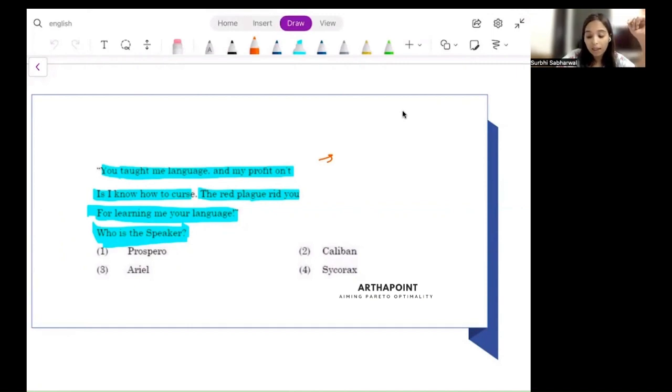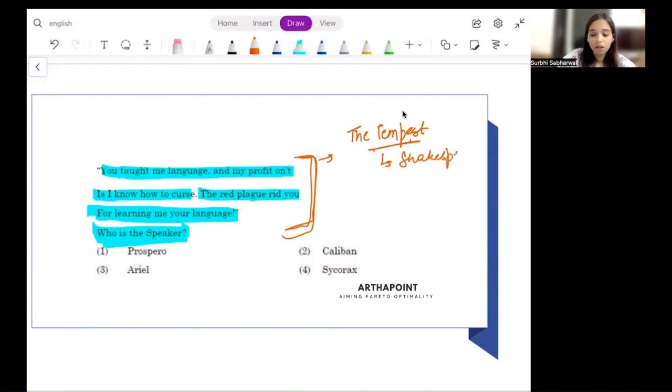So this particular dialogue is taken from The Tempest, which is a play by Shakespeare, which was written sometime in 1610 or 11.